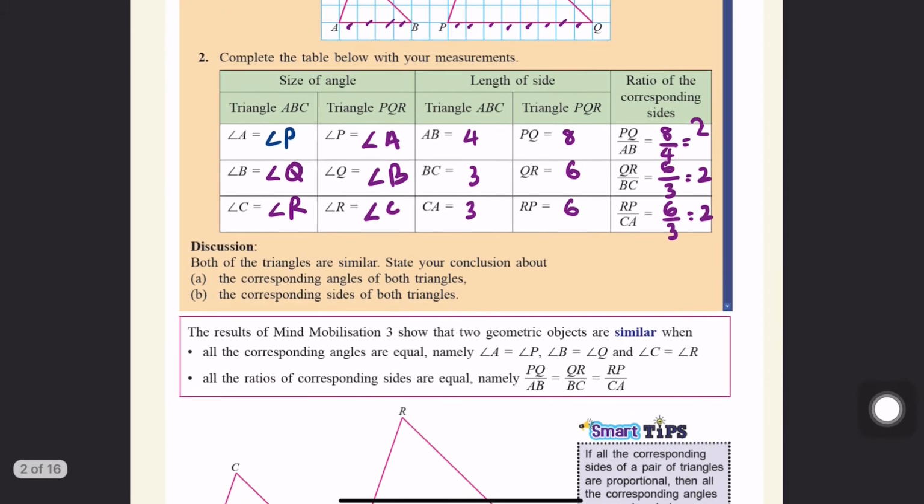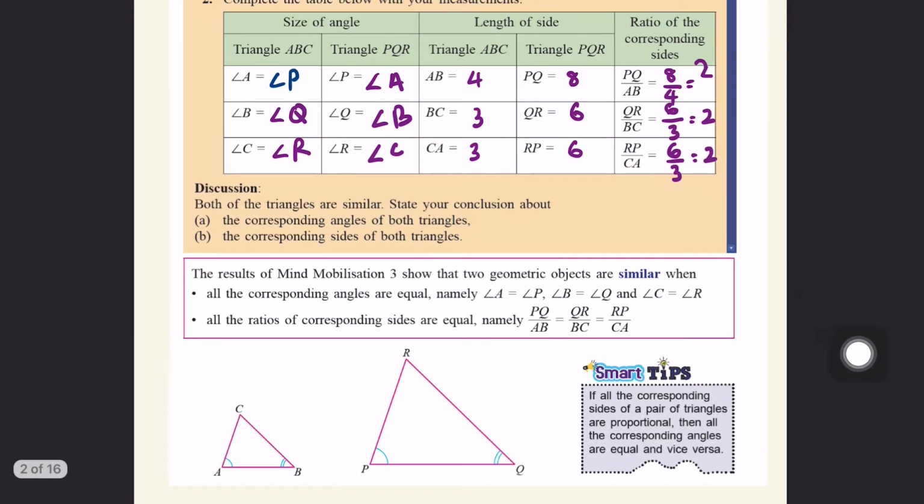So what can we say over here? The result of mind mobilization 3 shows that two geometric objects are similar when all the corresponding angles are equal.